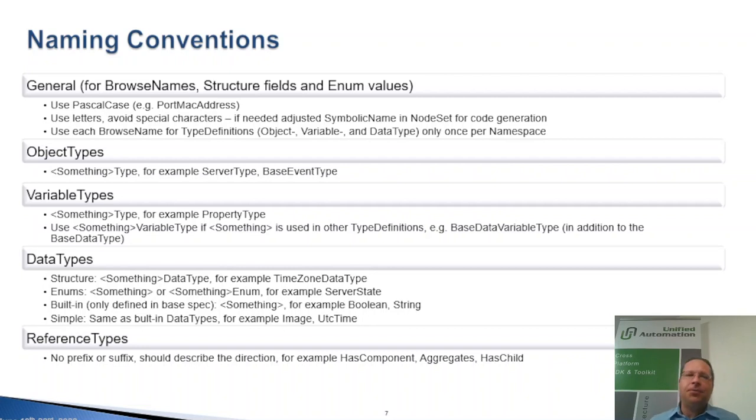For reference types, we're not doing anything specific, but you should put in the semantic of the relation in forward direction if it's a bidirectional, asymmetric reference type, like has component, aggregates, has child.